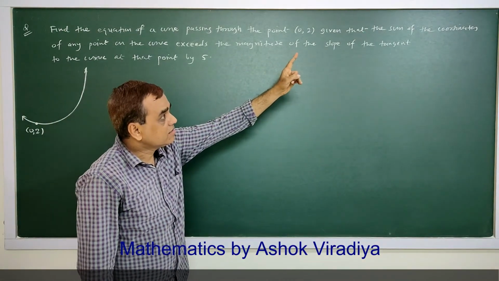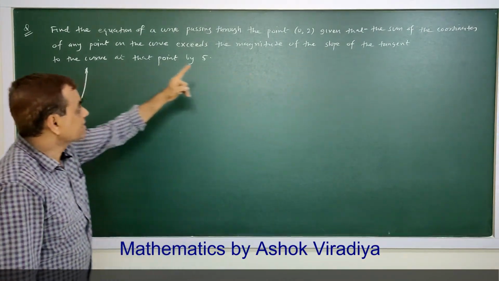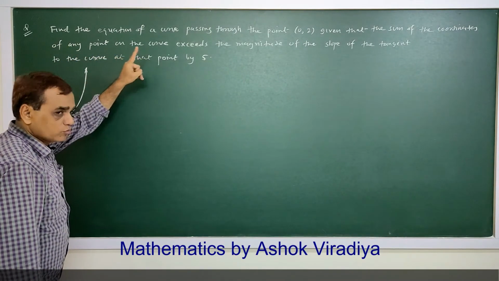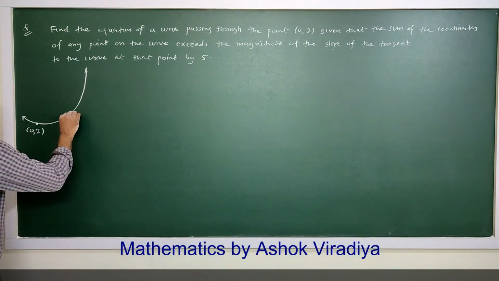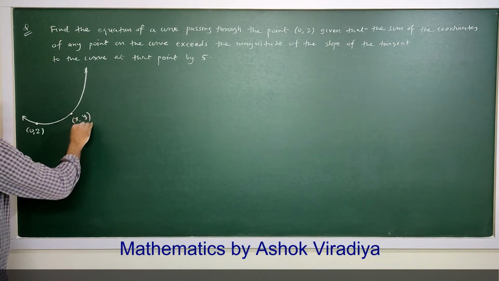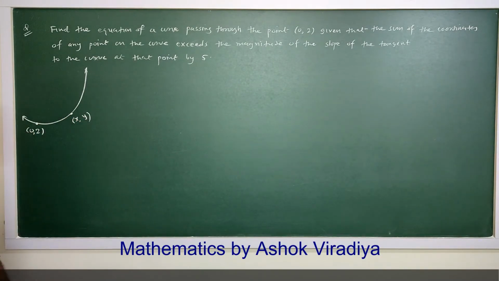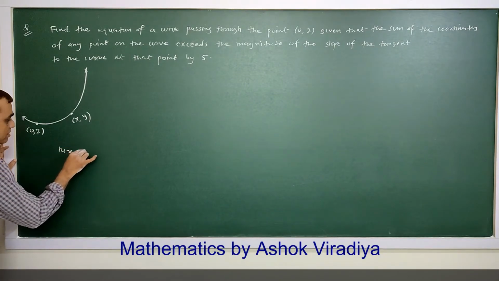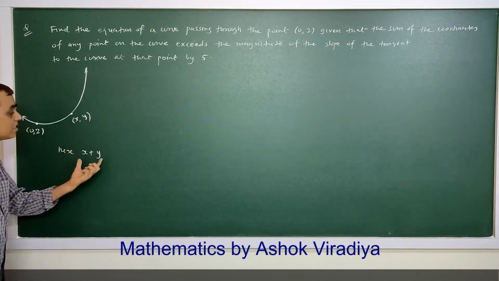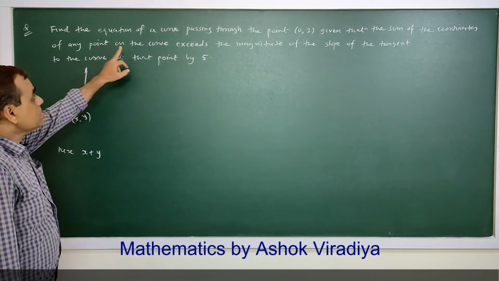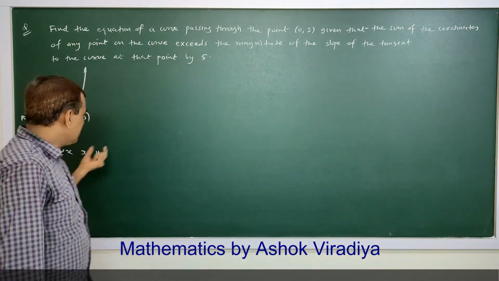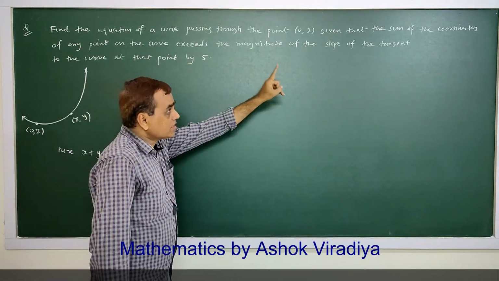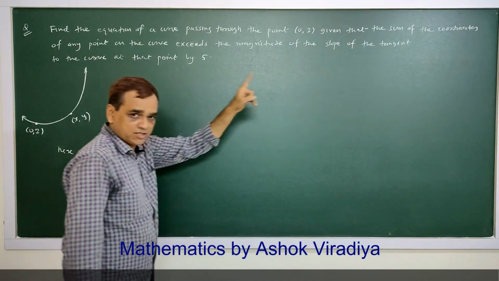Given that the sum of the coordinates of any point on the curve, suppose (x, y) is any point on the curve, and here the sum of coordinates, that is x plus y, exceeds the magnitude of the slope of the tangent.